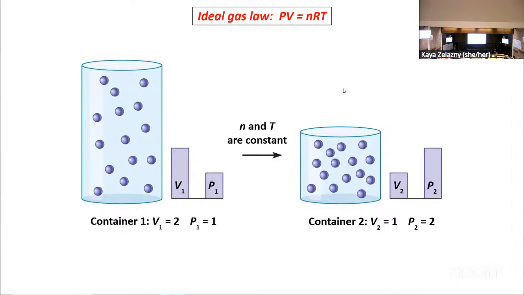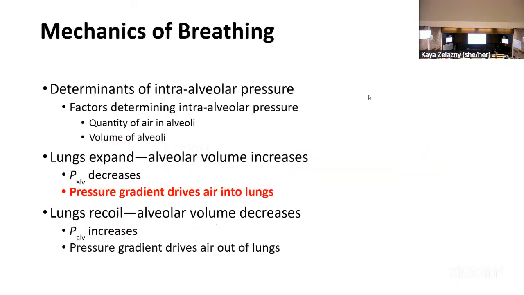So this means that by changing the size of the alveolus, so the volume of the container, we can change the pressure on the air in that container, which is great because we want to propel air in and out.